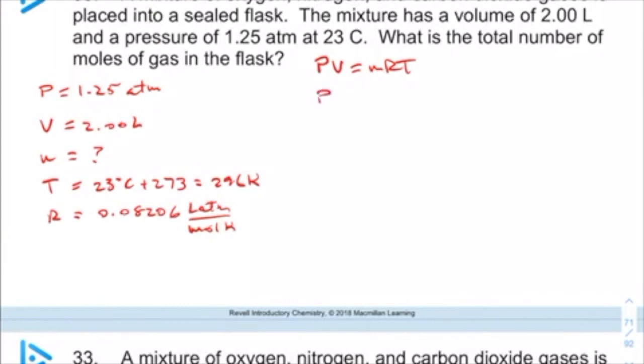Right, so if I rearrange my ideal gas law, I find that PV over RT equals n.